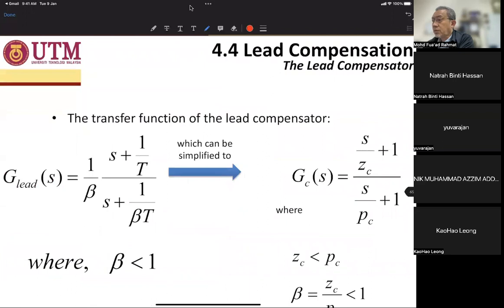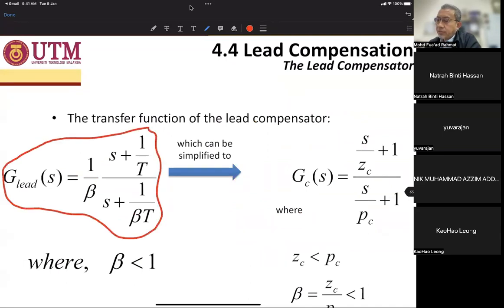So the transfer function of the lead compensator is shown here. Okay, where you have a gain, the ZC, and the PC. This form is quite hard to imagine, so we simplify it into this form, where you have S over ZC plus 1 and S over PC plus 1.